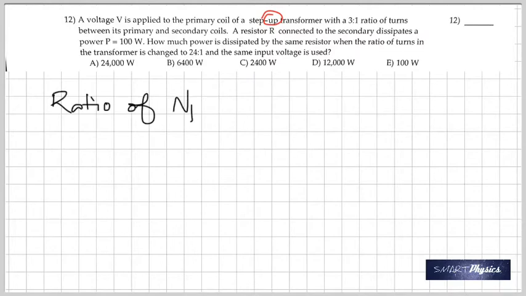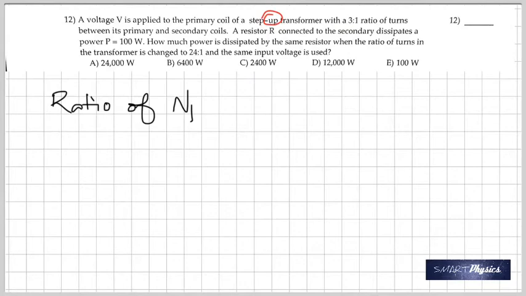And then if you look at the question carefully, you see that the ratio went from 3:1 to 24:1. So since the number of turns in the primary has gone up 8 times, from 3 to 24, therefore the voltage in the secondary will drop 8 times, or in other words, the current in the secondary will increase 8 times.